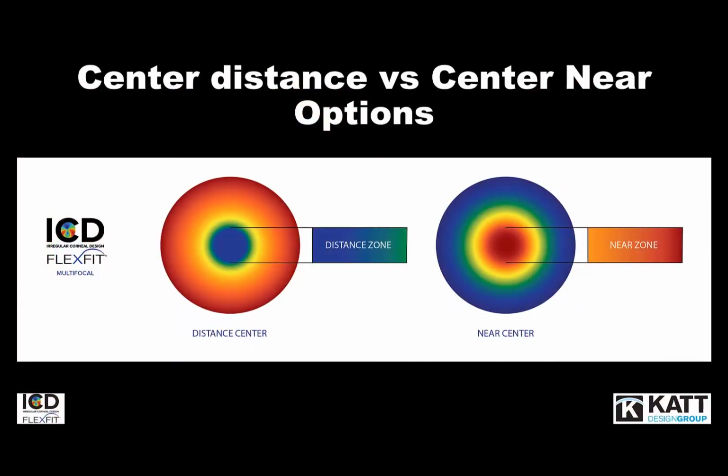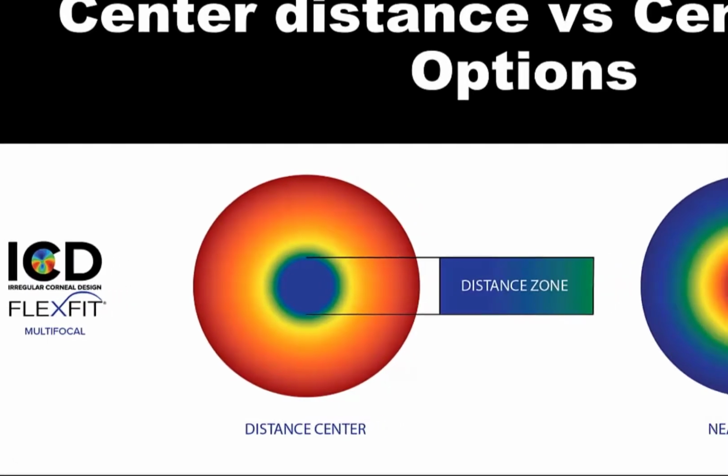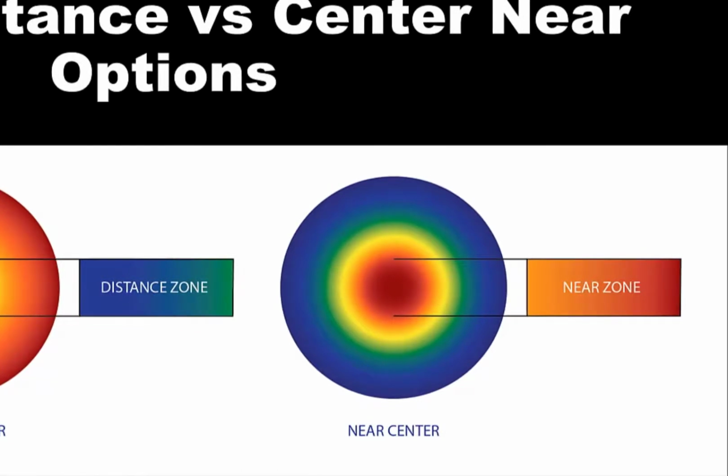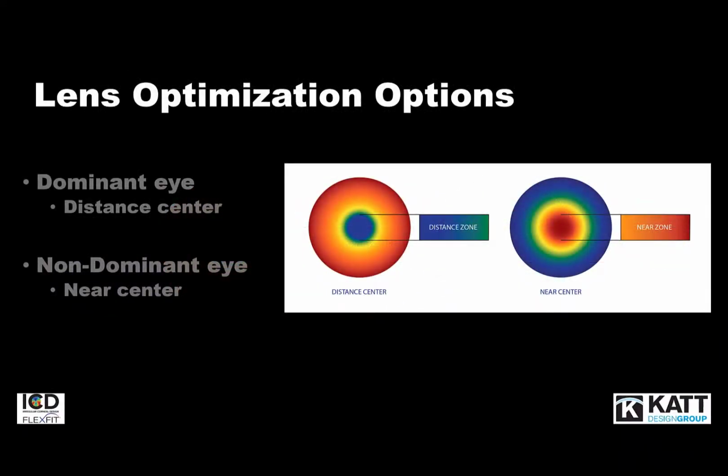As we discussed earlier, the standard construction is the distance center lens, but the ICD FlexFit Multifocal can also be created as a near center multifocal with distance in the periphery. This allows for flexibility in the fitting protocol.